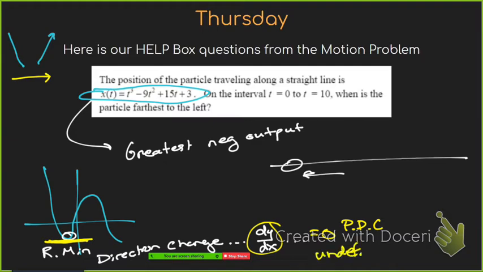Now, in this case, is this something we have to be concerned with? No, it's a cubic function. That's differentiable everywhere, right? Those are smooth. They don't have any crazy weird slope changes. There's no discontinuities. So in this case, we don't have to worry about it. But foreshadowing, anytime we're looking for potential direction changes, we're really looking for when the derivative equals 0 or when the derivative is undefined. Okay, so that's what we're looking for here.